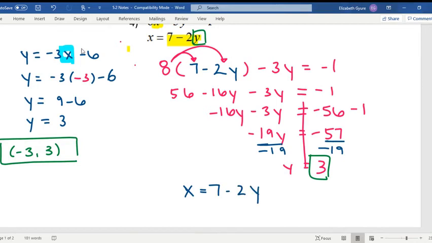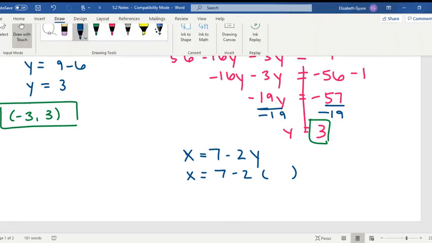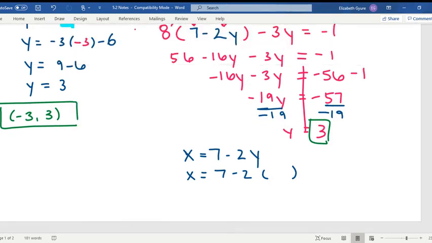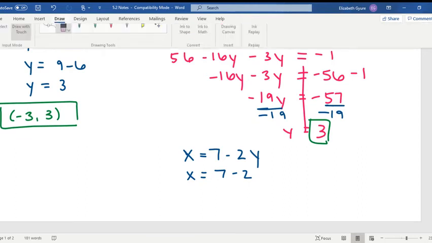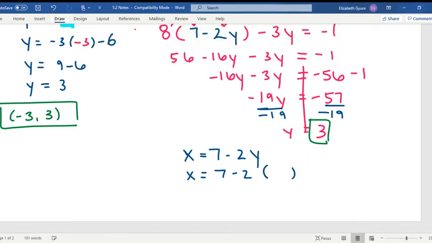Okay, so I'm just rewriting that equation. And we know what y is, right? So instead of that, we're going to put our open set of parentheses, x equals 7 minus 2 parentheses. What number am I plugging into those parentheses? The 3, because that's what we found that y is. So in those parentheses, I'm going to plug in my 3.